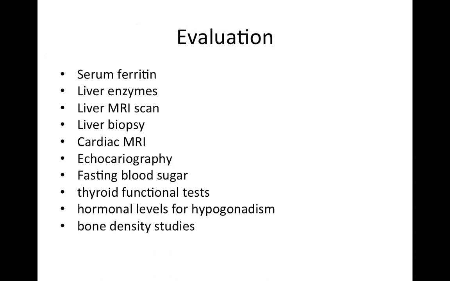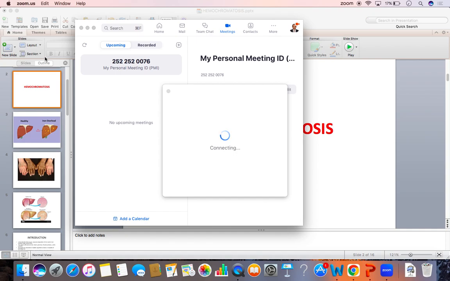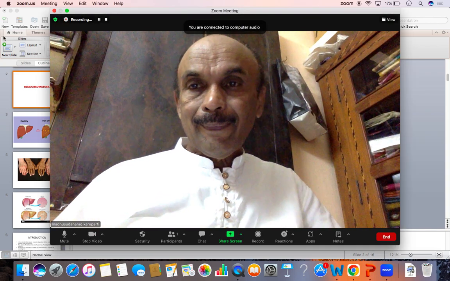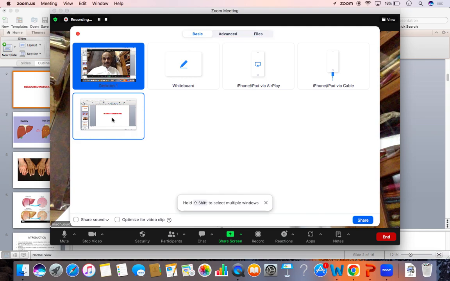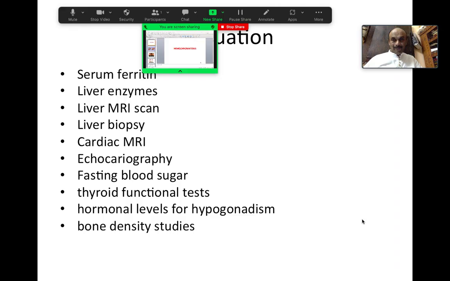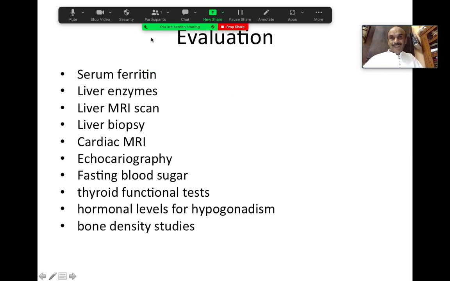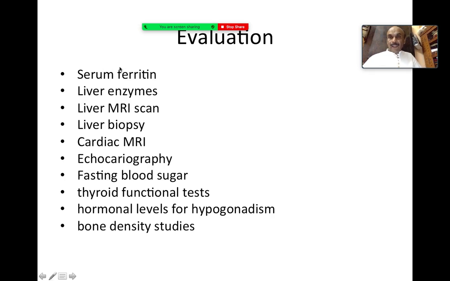Coming to the laboratory evaluation, when you suspect the individual is suffering from hemochromatosis, go ahead with the laboratory studies to see the iron status.